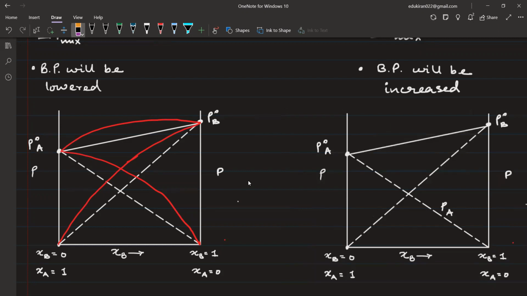in the negative deviation what is going to happen? In the negative deviation, less vapor pressure will be there than the ideal case. So the graph will be somewhere like this.